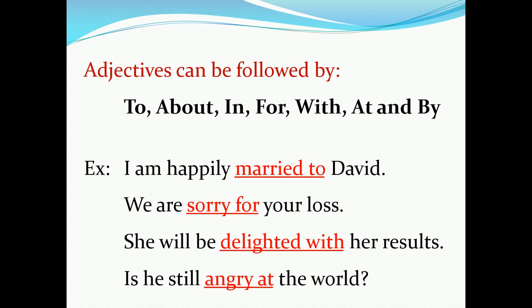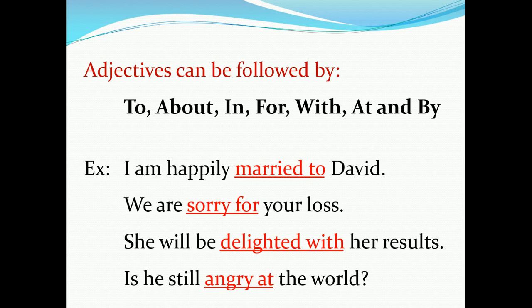Along with those adjectives, you can see some prepositions used like to, for, with, and at. When these prepositions join with these adjectives, they become a phrase which adds something to the noun or pronoun or some action or emotion.